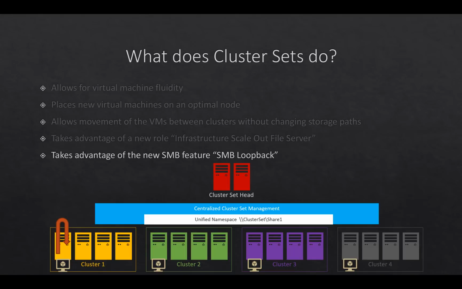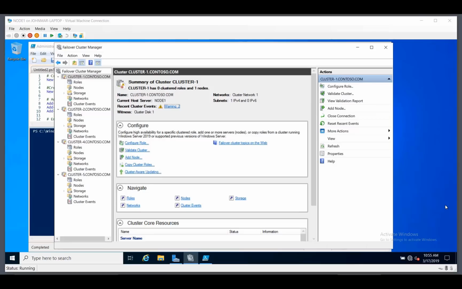With cluster sets, we're using the same ACLs, whether it's local or remote. So there's not any of this: it used to be local, now I move it to make it remote, and it won't come online because the permissions are not right, because the ACLs are not right. With cluster sets, we take care of all that for you automatically.